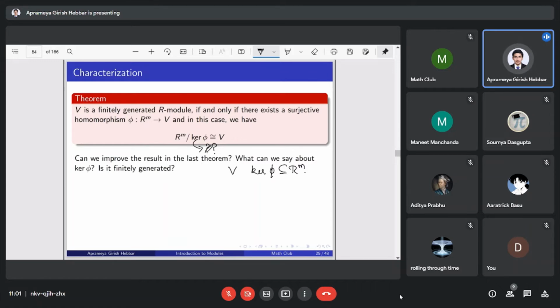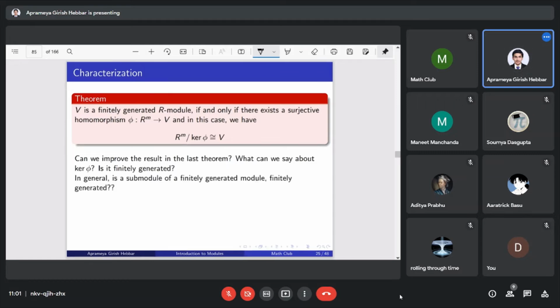The question we are trying to ask is, in general, is a submodule of a finitely generated module again finitely generated? Just to remind you, in vector spaces, any subspace of a finite dimensional space is again finite dimensional. But is it true over modules? It turns out no. Fields have a lot of structure in them, but rings do not.